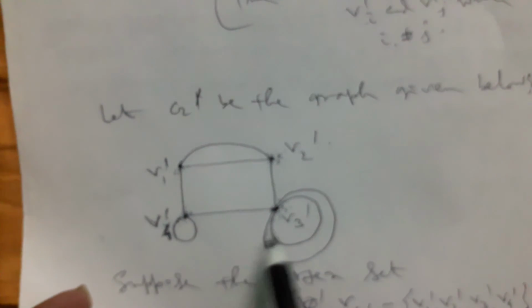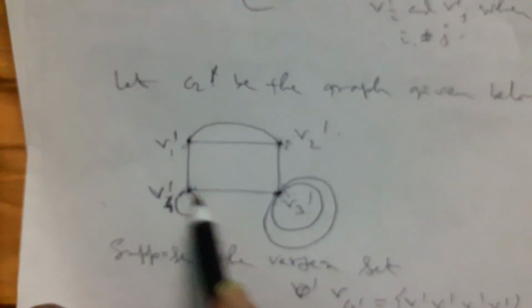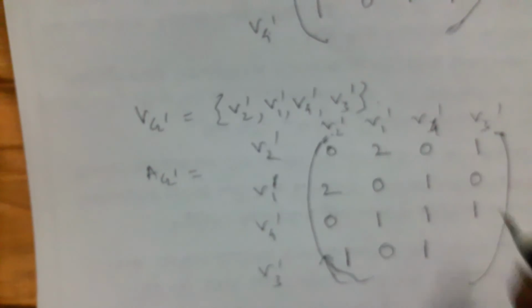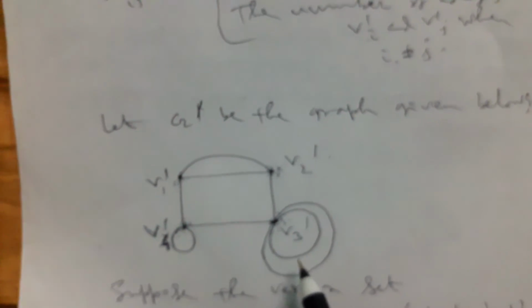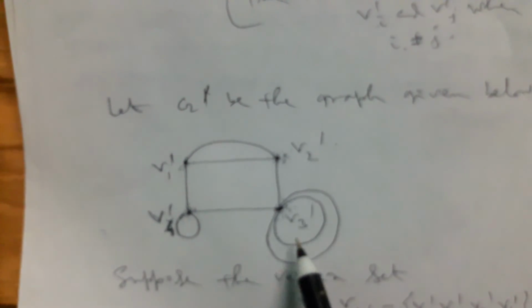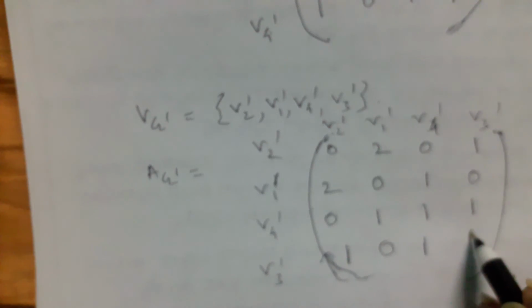V3 dash, V1 dash, no connection is there, the result will be 0. V3 dash, V4 dash, one edge is there, the result will be 1. And V3 dash, V3 dash, here we consider two loops from the pictorial representation in the figure of the graph, so the result will be 2.